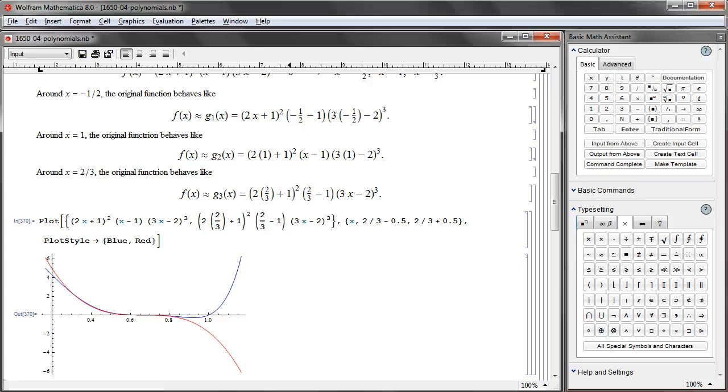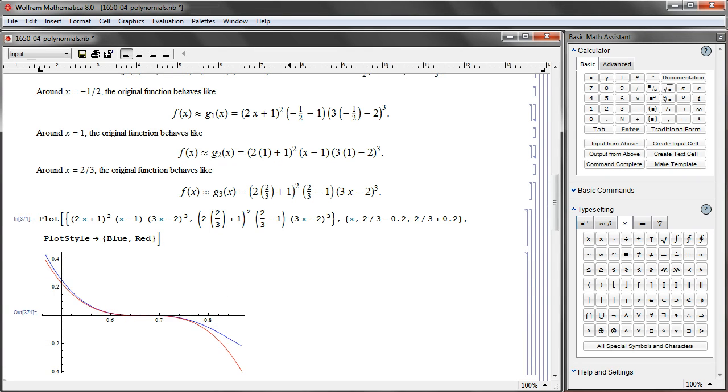The behavior of the red and blue are, as you can see, very different because we have a relatively large viewing window. But around x equal to 2/3, they should be similar. So let's zoom in further. And as you can see, we have very similar behavior, blue versus red.